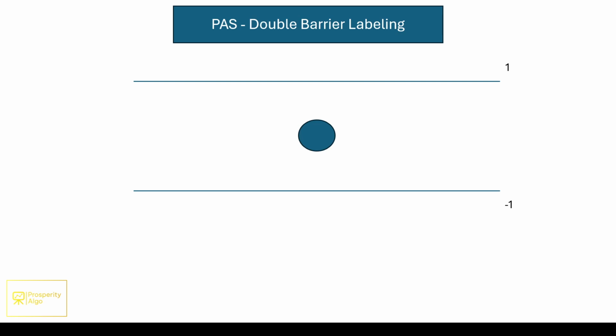What we do here at Prosperity Algo Solutions is a slight variation of this called double barrier labeling. As the name would suggest, we don't typically have a time barrier once a trade is open, largely because our systems are scalpers, so they close very quickly regardless. Therefore, the triple barrier tends to be less relevant here. But really, how you train a classifier model is you need to give it a target.